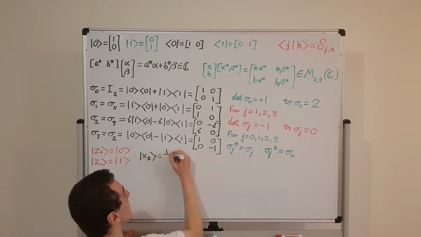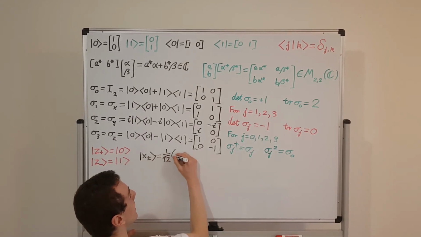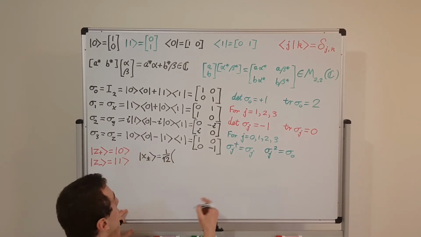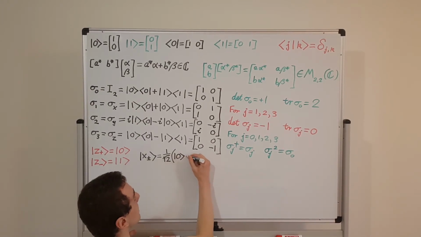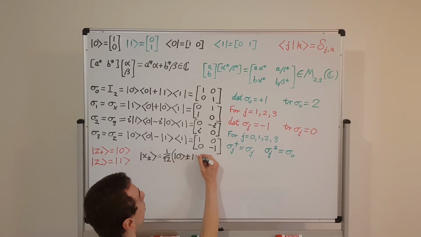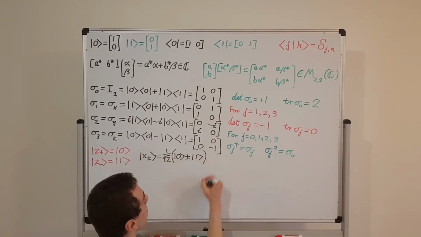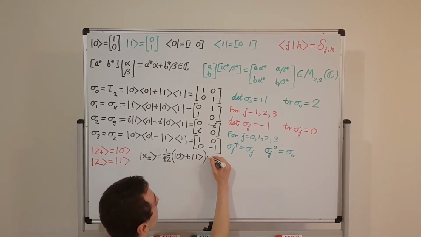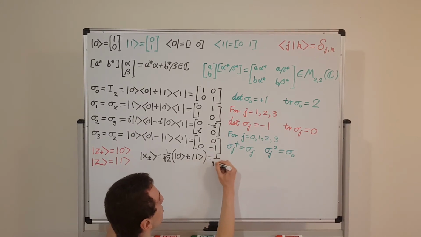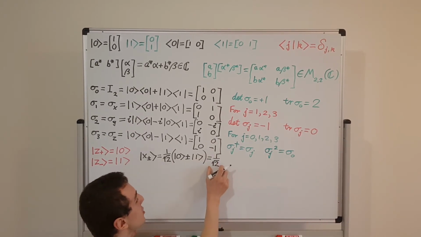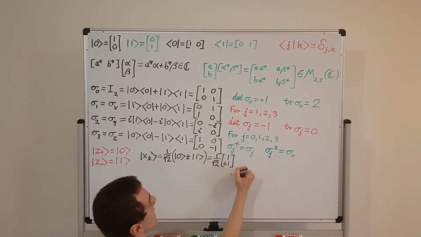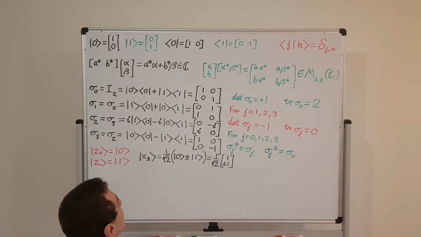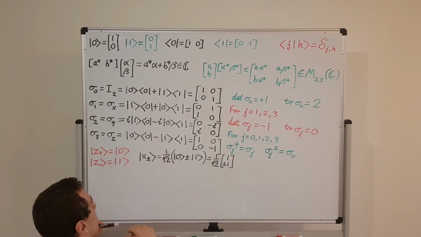We can write this as 1 over the square root of 2 times a linear combination of the 0 state plus or minus the 1 state. And we can also write this in a vector form, as 1 over the square root of 2, that's just a normalization factor, times the column vector 1, plus or minus 1. So that's what we have over here. That is the eigenbasis for the Pauli x operator.